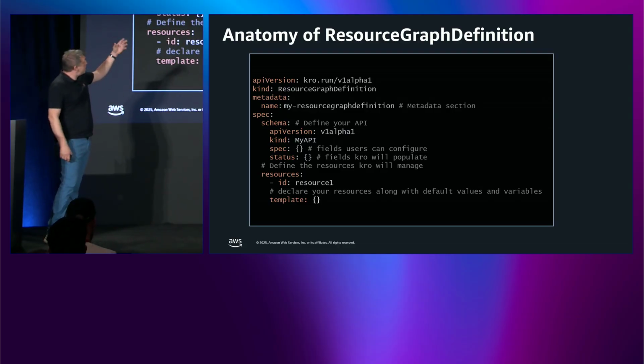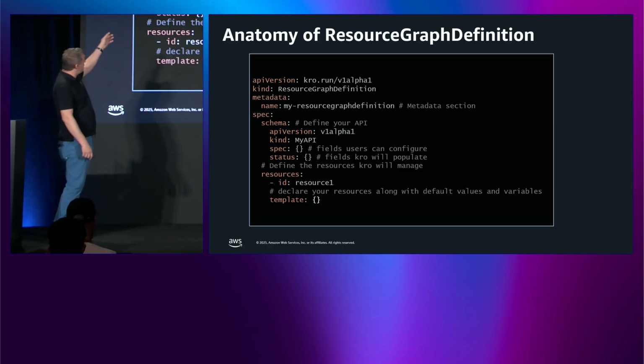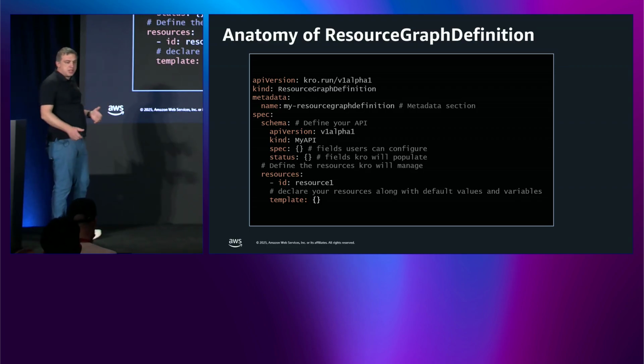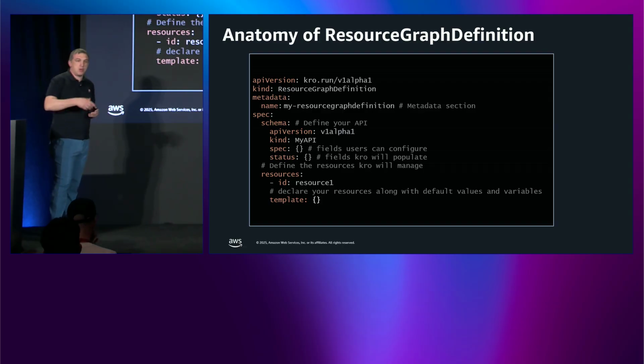Schema, this is where you define your API, and as you can see here, in the schema, spec is the fields which end users will be able to configure. This is what you define for them. Status, this is what Kro will populate, right? So this is for passing these values between other resources. So when, for example, the database endpoint is ready, it's reflected in the status.